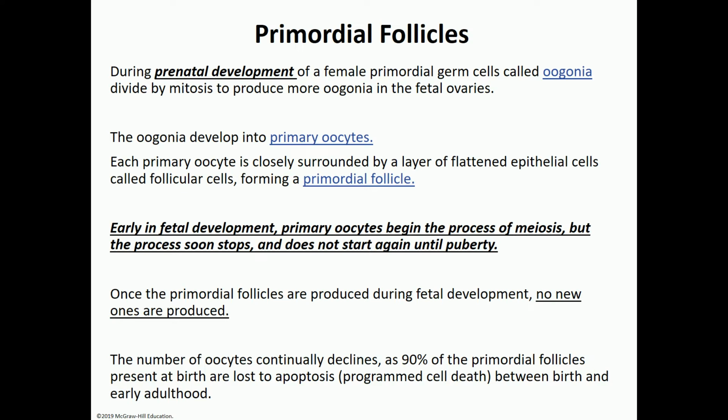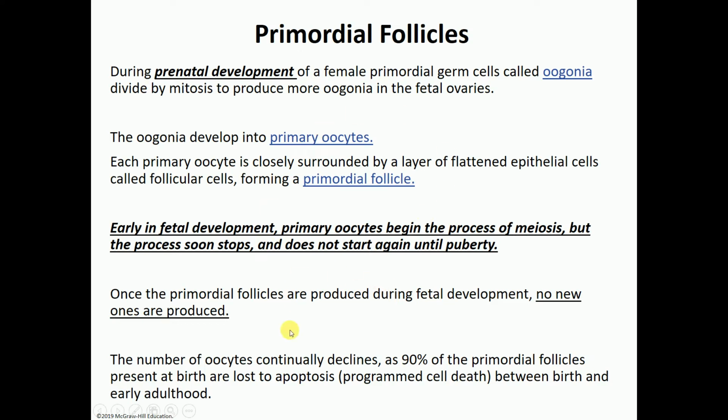Now, after delivery, these primordial follicles remain through life, but from delivery up until puberty, there's a process where the primary oocytes that have any genetic abnormalities tend to self-destruct.